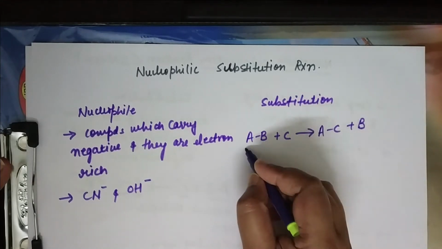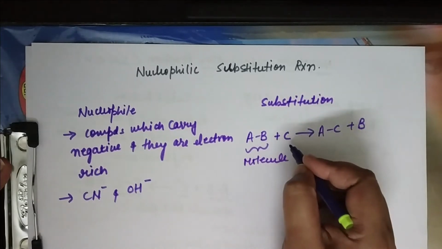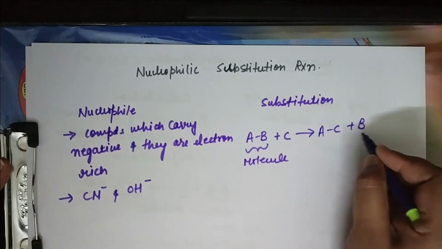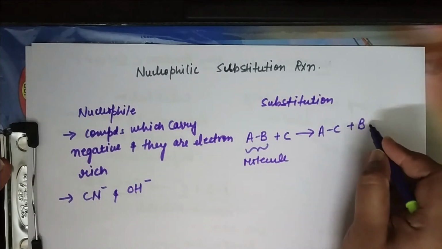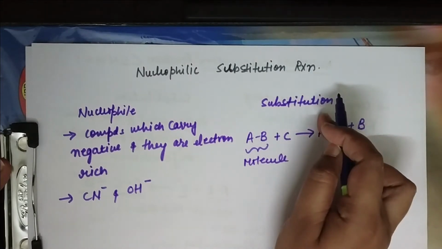So here AB is a molecule which reacts with C, and C has replaced the B. A and C, the new molecule, has been formed where C has substituted the B and B has to leave this molecule. That is called the substitution reaction.